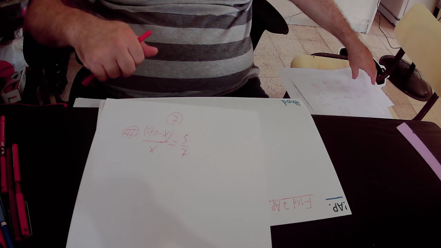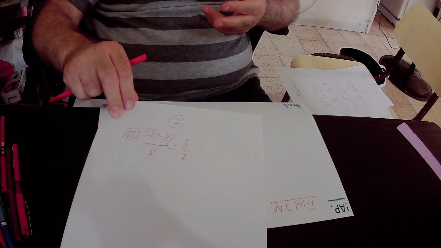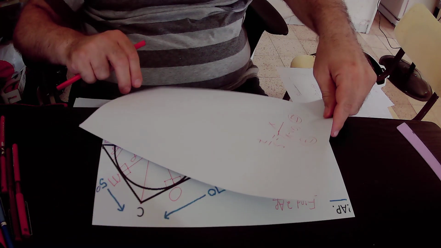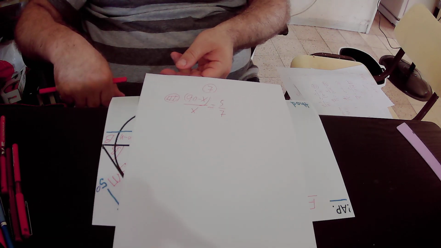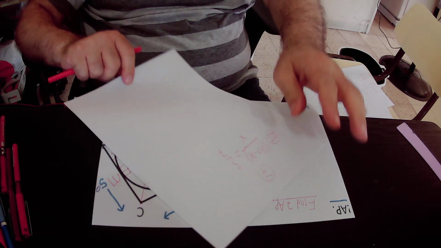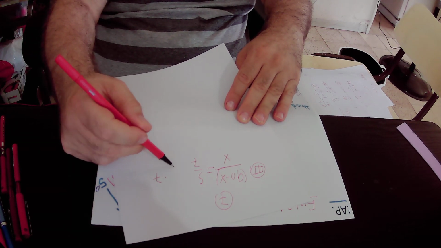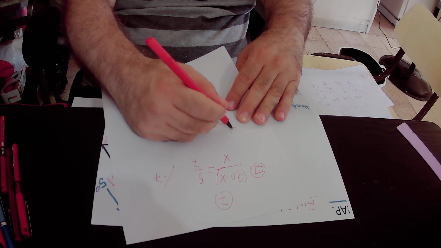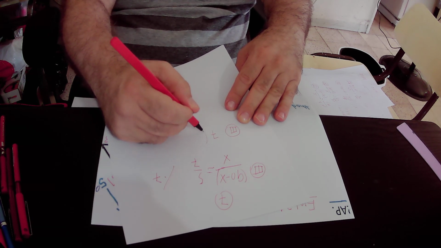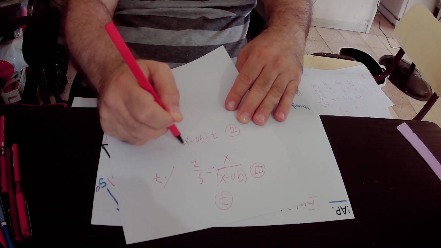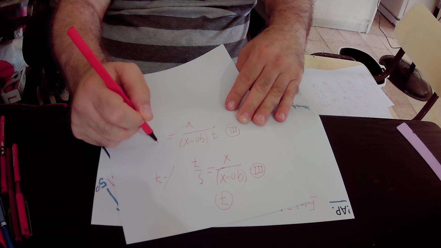Okay, so now we'll multiply both sides of the equation by 7. We'll get that 7 times 90 minus X over X equals 5.